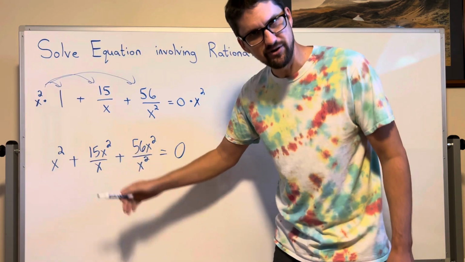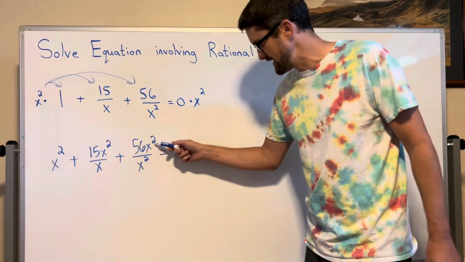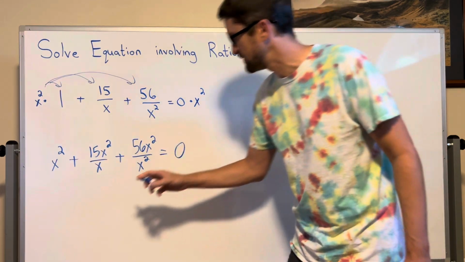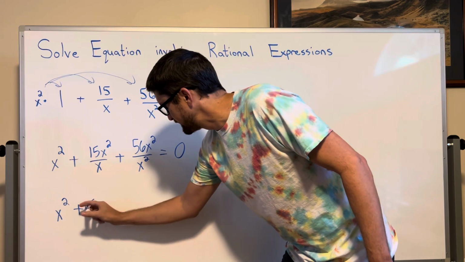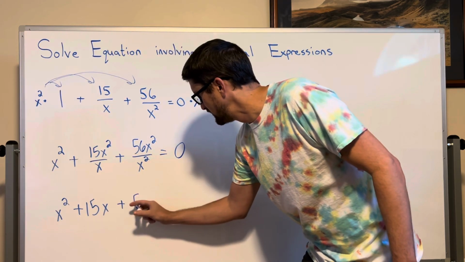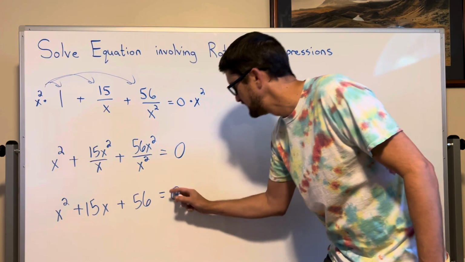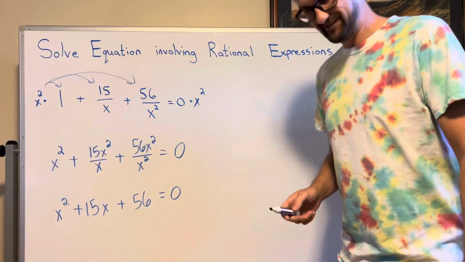There's an x top and bottom here that'll divide out, and the x squared here also divides out. So we end up with x squared plus 15x plus 56.